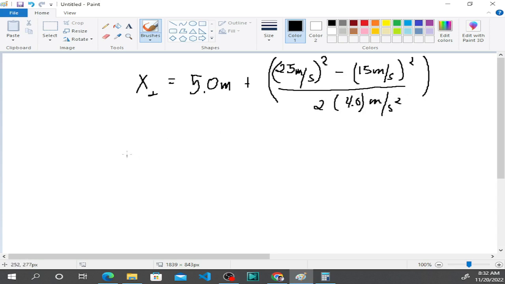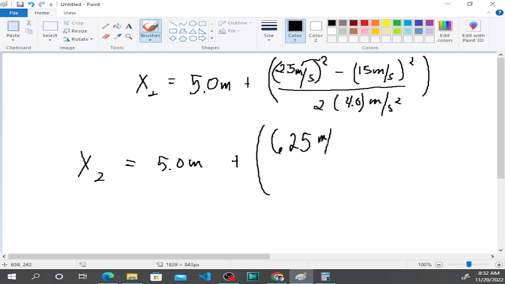So we have x₂ is equivalent to 5.0 meters plus 25 squared, which is 625. The unit of that is meters squared over seconds squared, minus this one, which is 225, 15 squared, m² over s². So you will see that they have the same unit, so you can subtract them from one another.